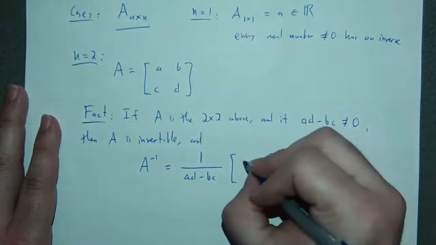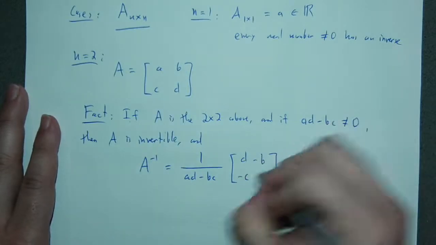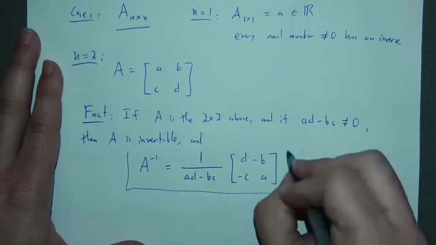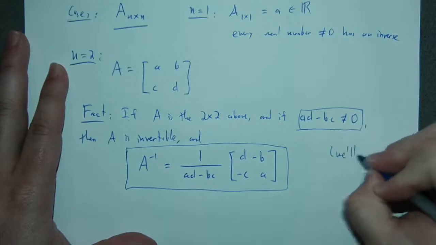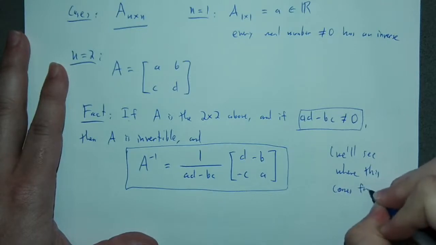So AD on the diagonal become DA, and you negate the off-diagonal terms. And so I have this nice formula for the inverse if this condition is satisfied. Now this might seem like complete magic or voodoo because it literally comes out of nowhere, but we'll see where this comes from later.